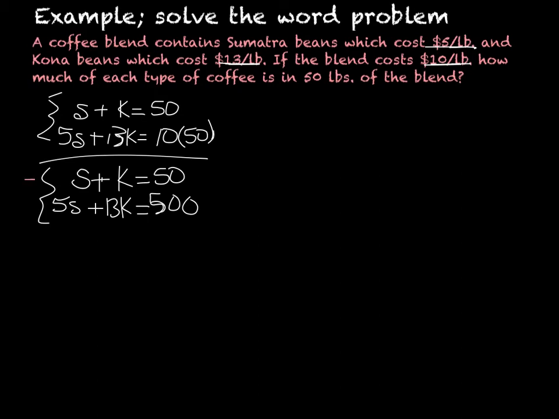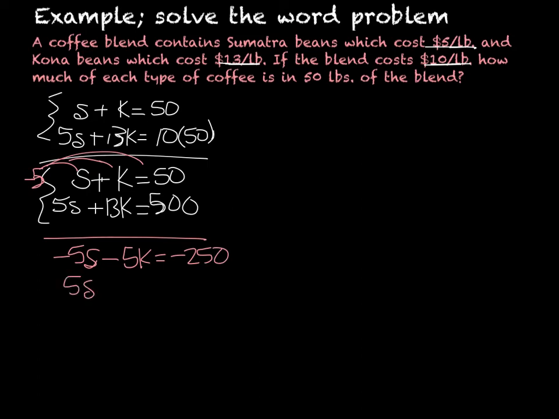So multiply by a -5 here, each of them, and we would get -5s plus -5k equals -250.